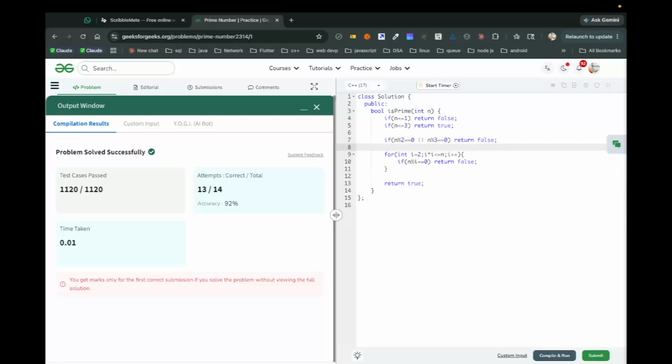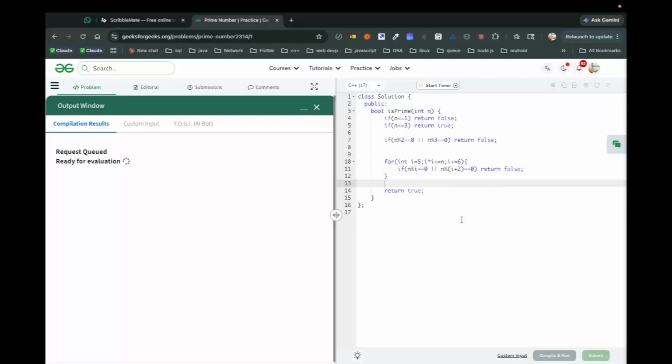Now if a number is not divisible by 2 and 3, we start with 5. Same condition, I less than or equal to root n, incrementing by 6, and we check if n is divisible by I or n is divisible by I plus 2. Then it is not a prime number, else it is a prime number.